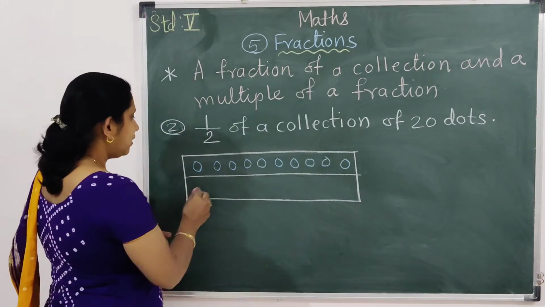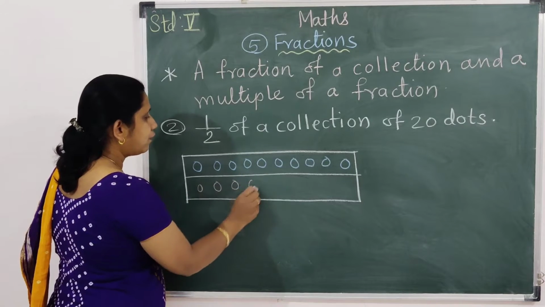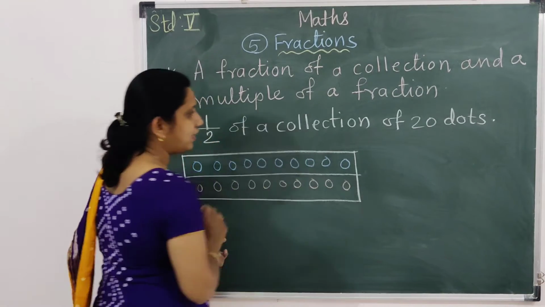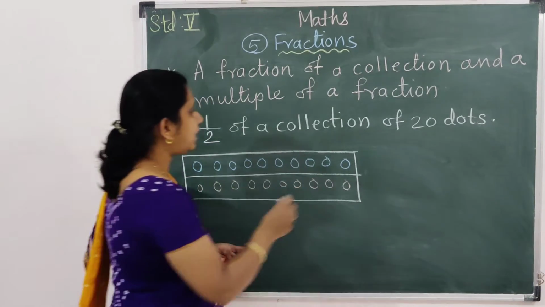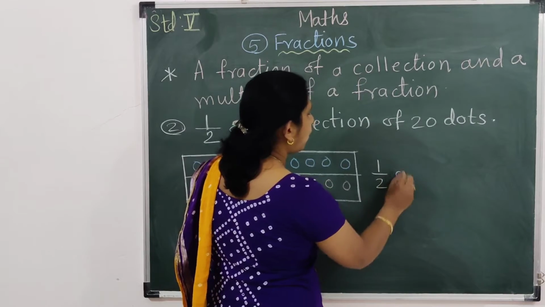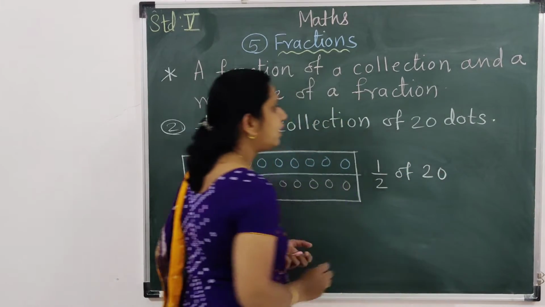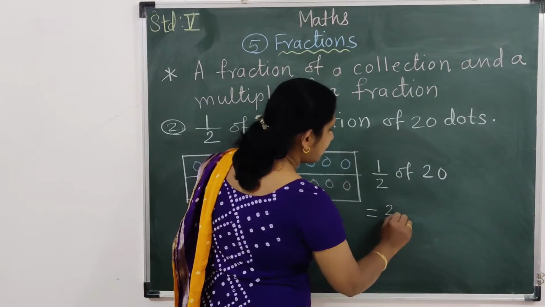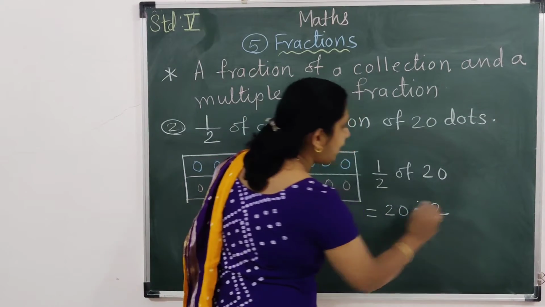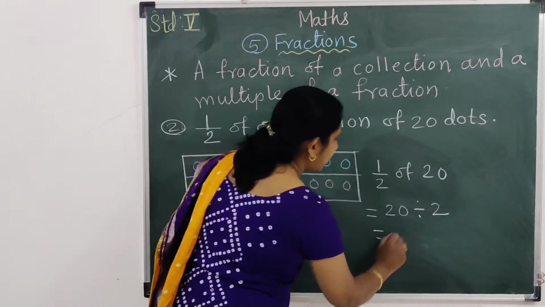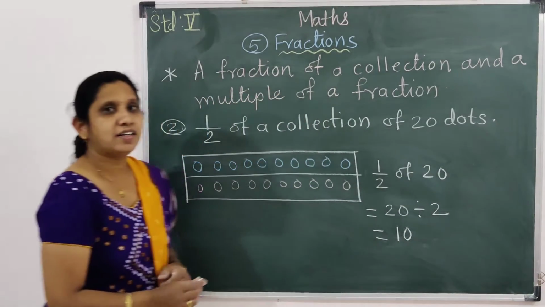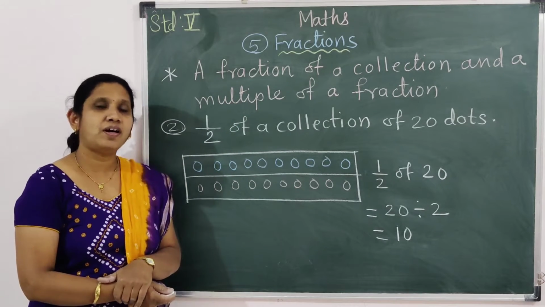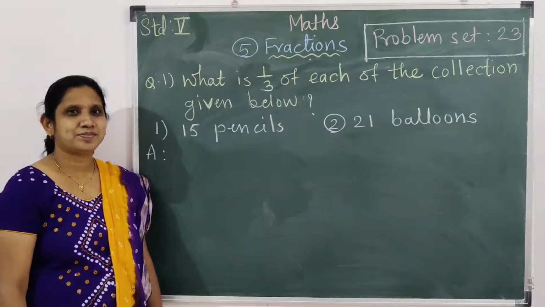Alright? 11, 12, 13, 14, 15, 16, 17, 18, 19, 20. Alright? So let's write here half of 20. Half of 20 means what? This is equal to 20 divided by 2. So it comes to 10. Alright? So this is how we can find a fraction of a given collection.